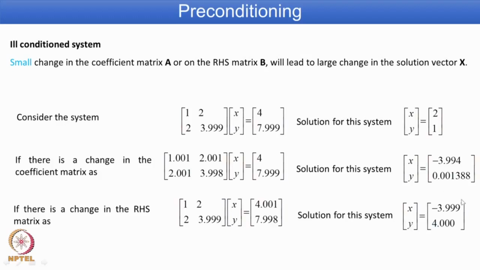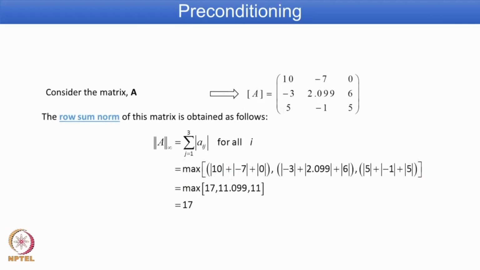Once again, you can observe by comparing the solution matrix for this system with the original system, there is a very big difference, and this kind of system is what is called an ill conditioned system.